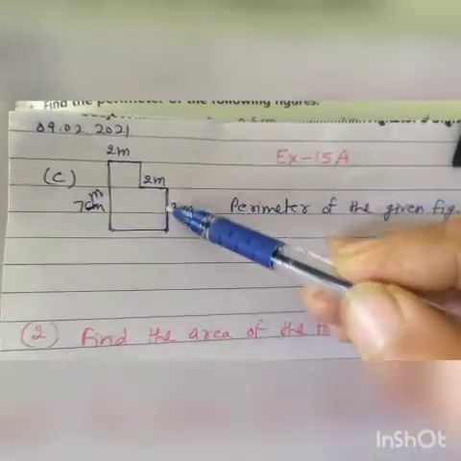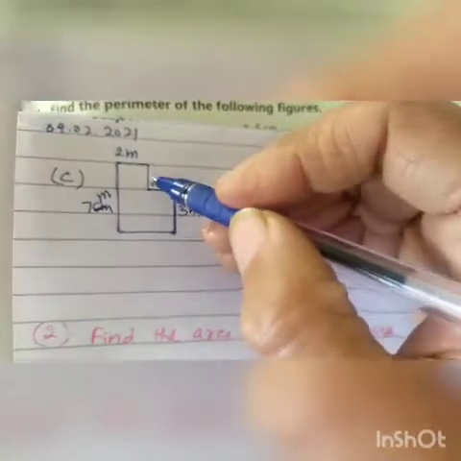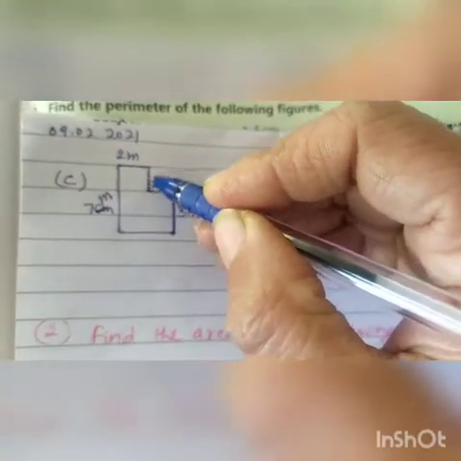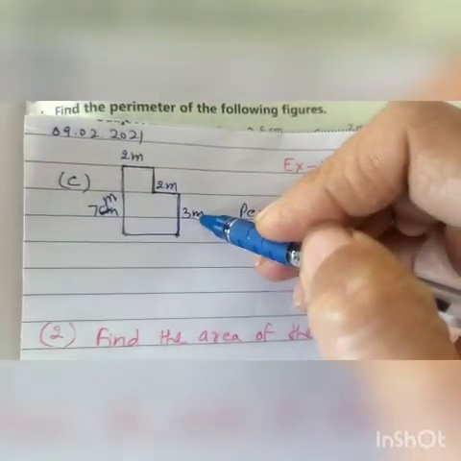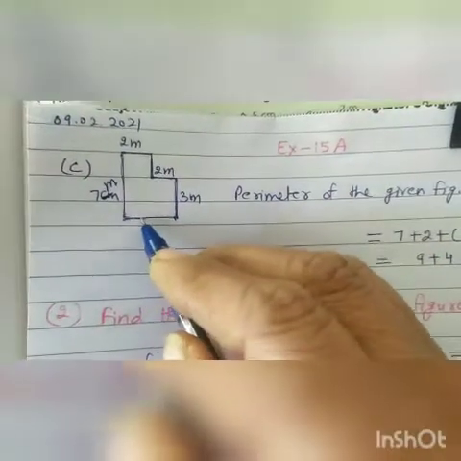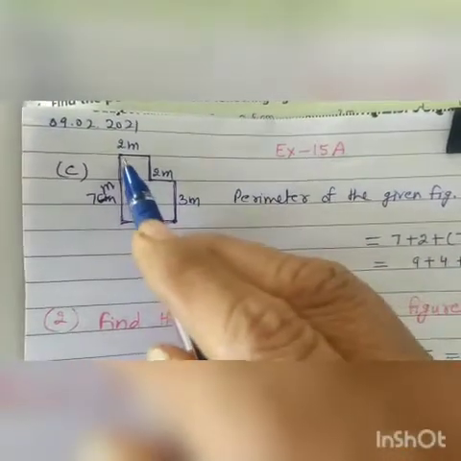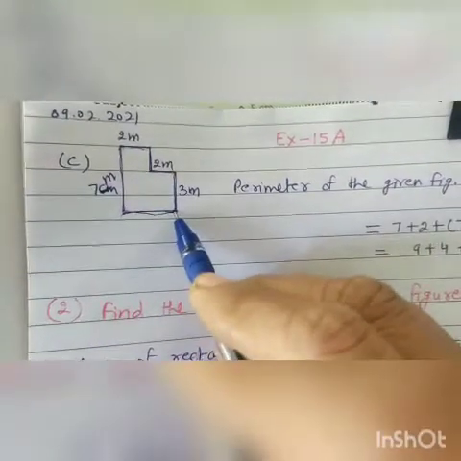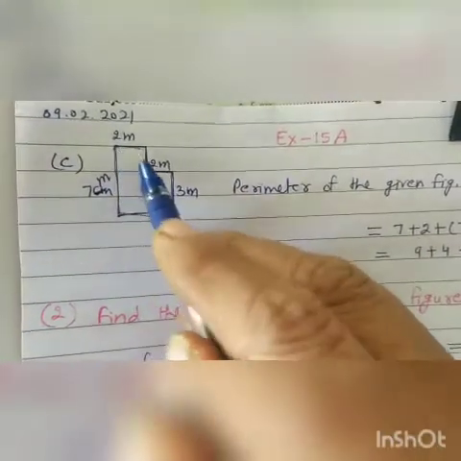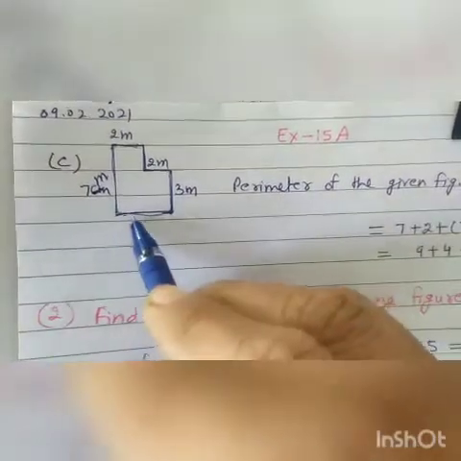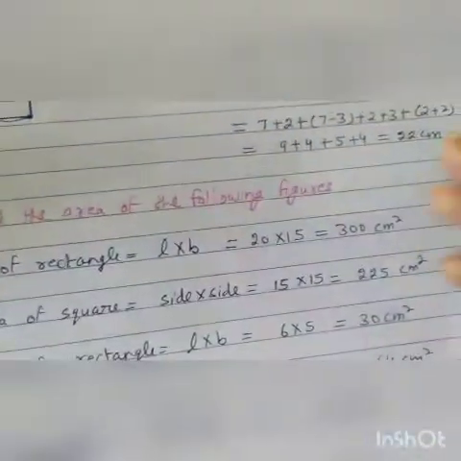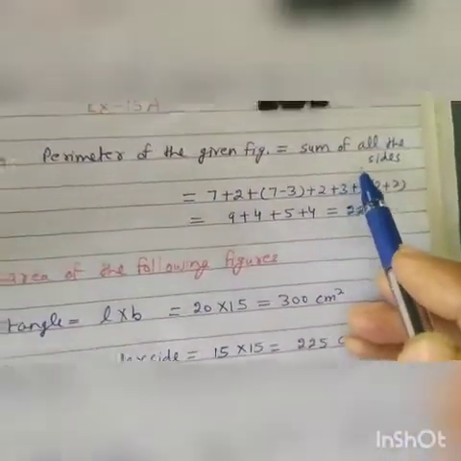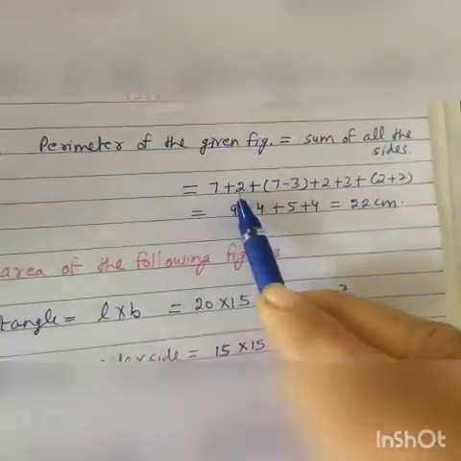If we subtract this 3 from this 7, then we will find the length of this side. So 7 minus 3. Now, what is the measurement of this side? This side will be this 2 plus this 2. This is the measurement of 2 plus 2 for this side. So perimeter of the given figure is equal to the sum of all the sides. It is 7 plus 2.